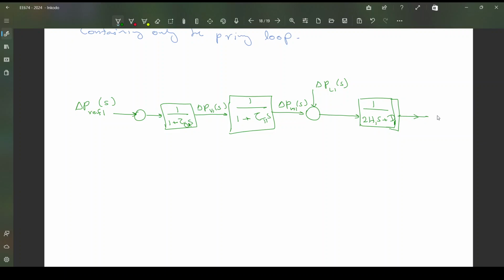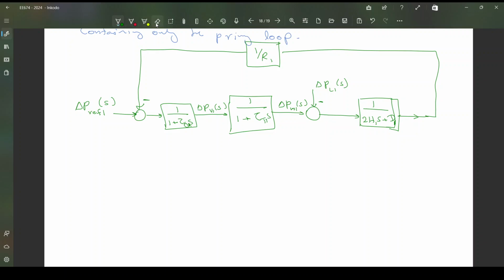And then from here comes the 1 over R1, which is fed into here. This would be minus, and this would also be minus.